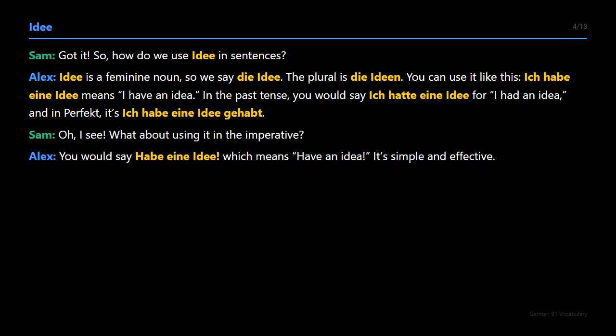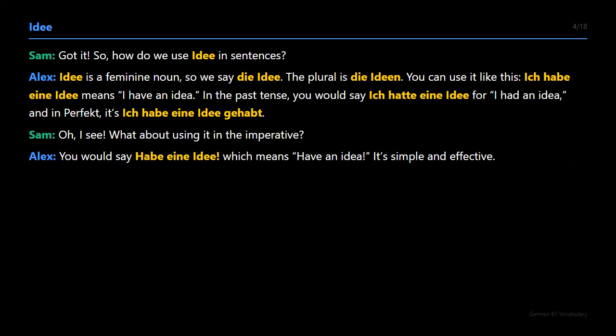You can use it like this: Ich habe eine Idee. Means I have an idea. In the past tense, you would say Ich hatte eine Idee, for I had an idea, and in perfect, it's Ich habe eine Idee gehabt.